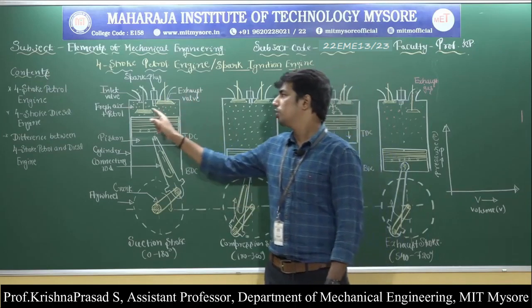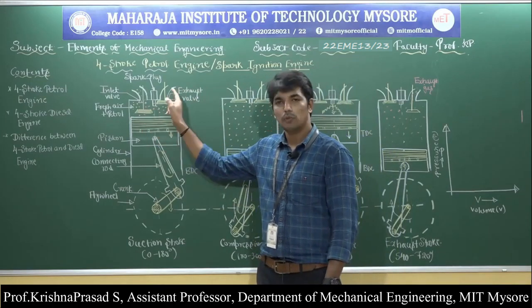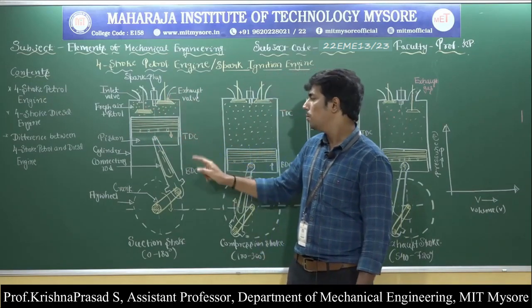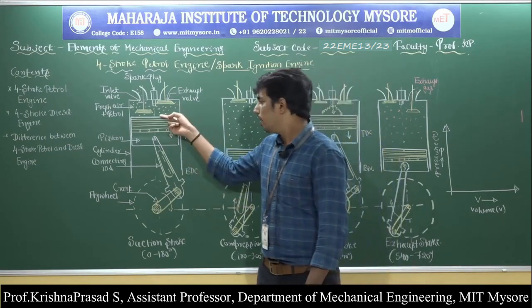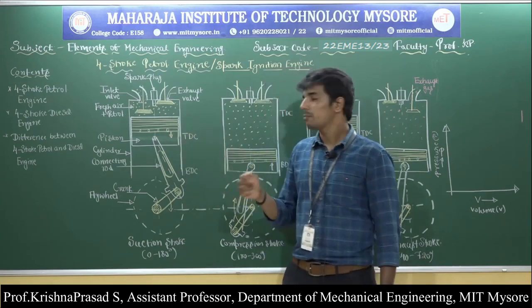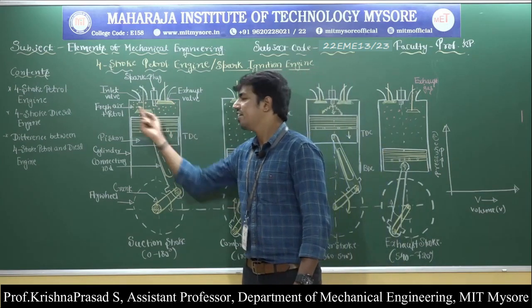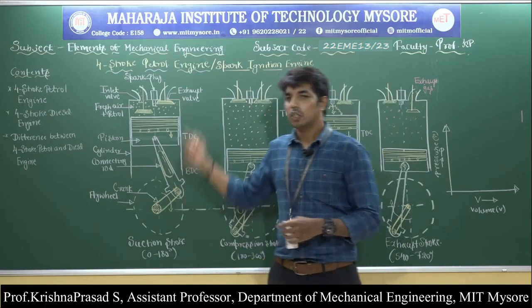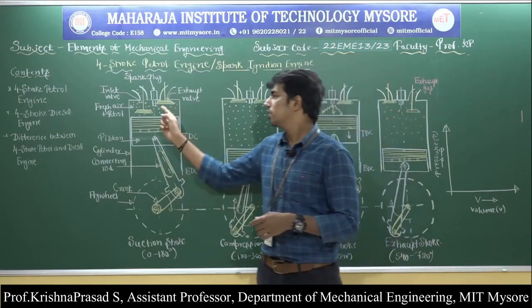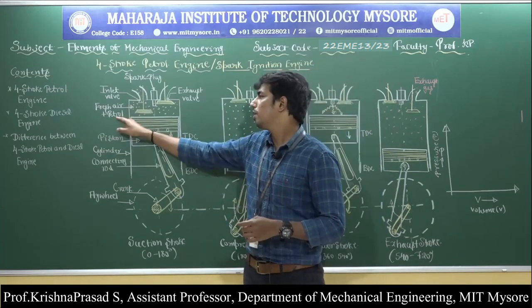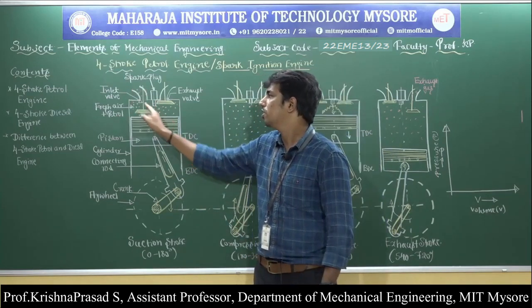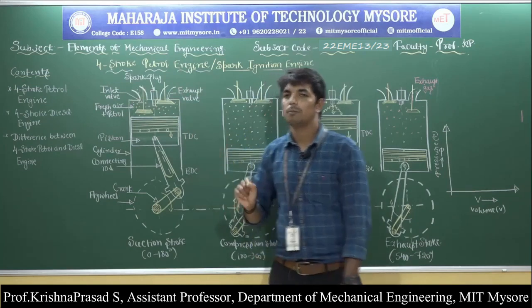Okay, so in the suction stroke, the inlet valve is open and the exhaust valve is closed, and the piston moves from top dead center to the bottom dead center. Due to the downward movement of the piston, a suction is created inside the engine cylinder. Then the air petrol mixture enters into the engine cylinder through the inlet valve.